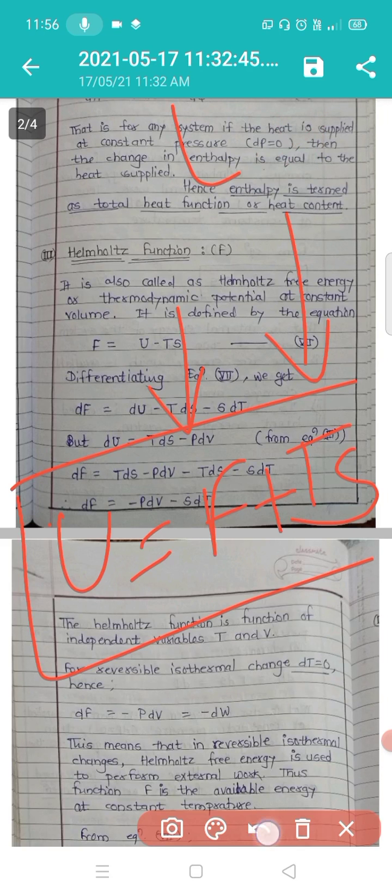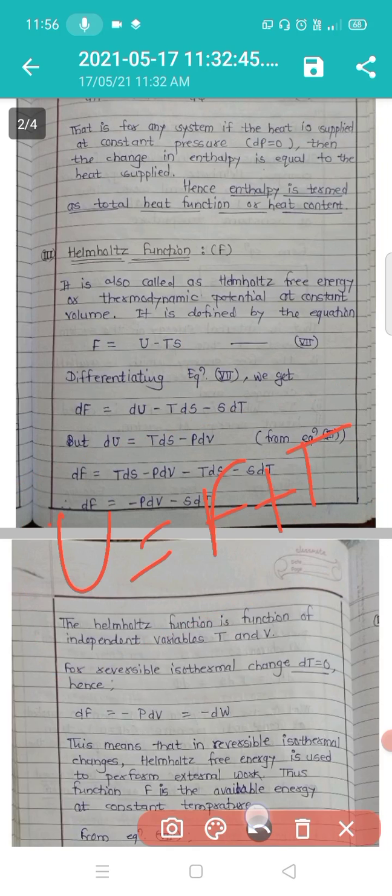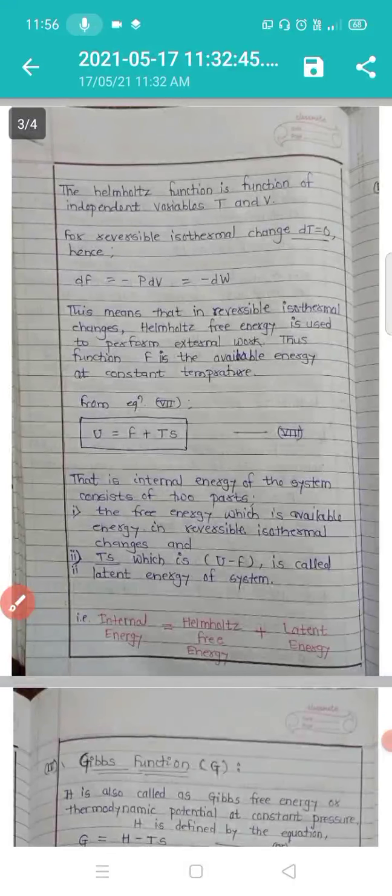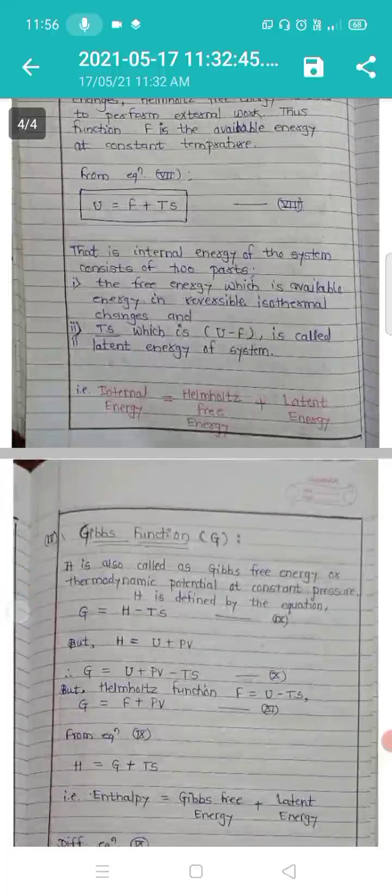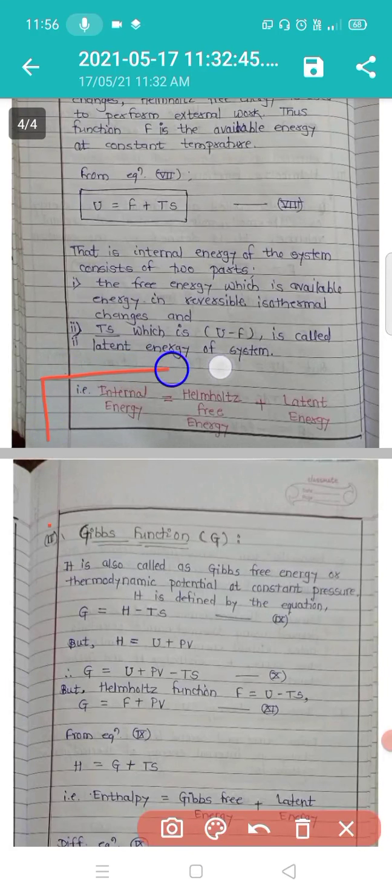Hence the total internal energy is equal to the Helmholtz function plus latent energy. This is regarding the Helmholtz function.